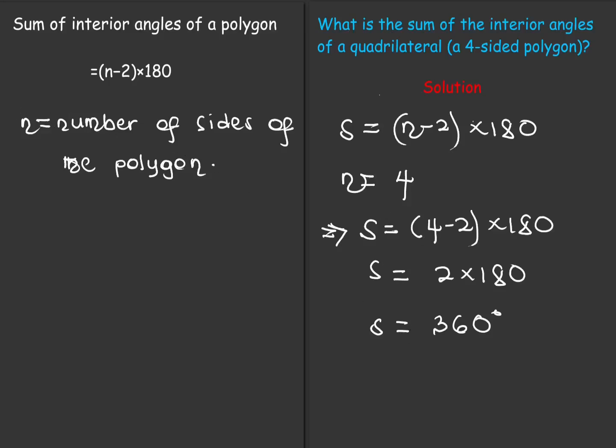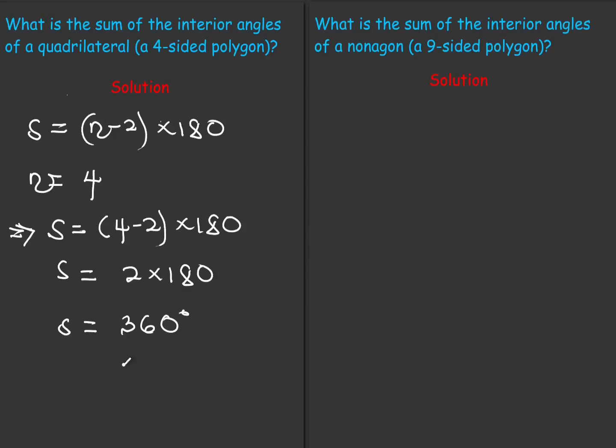Let's look at another example. This next question says, what is the sum of interior angles of a nonagon? A nonagon is a 9-sided polygon. Following this same step, which you can pause and even try on your own, we know first of all that the sum of interior angles is n minus 2, then times 180.